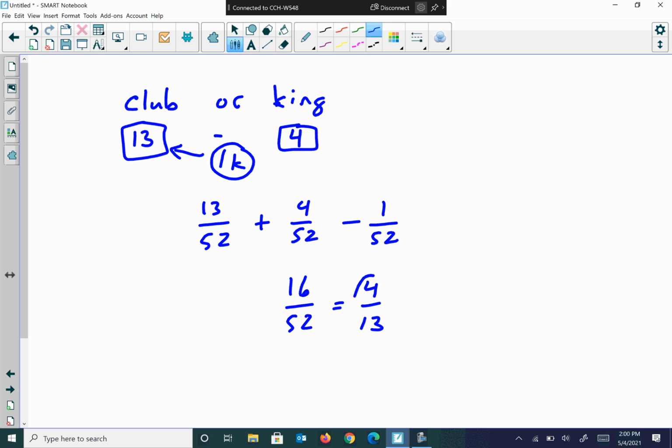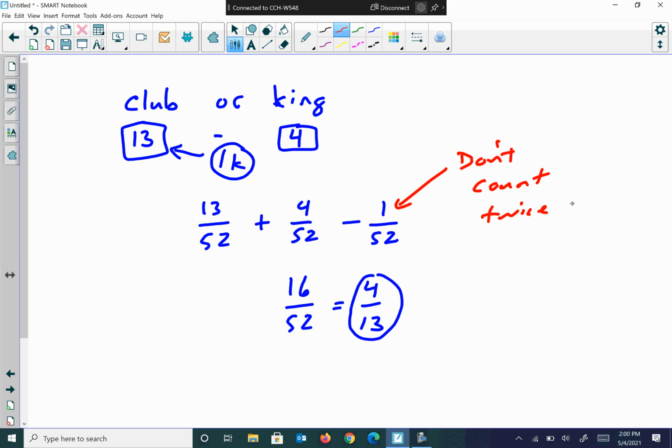So I have a 4 in 13 chance of pulling a club or a king out of the deck of cards. And again, this is here because you don't want to count this card twice. Okay.